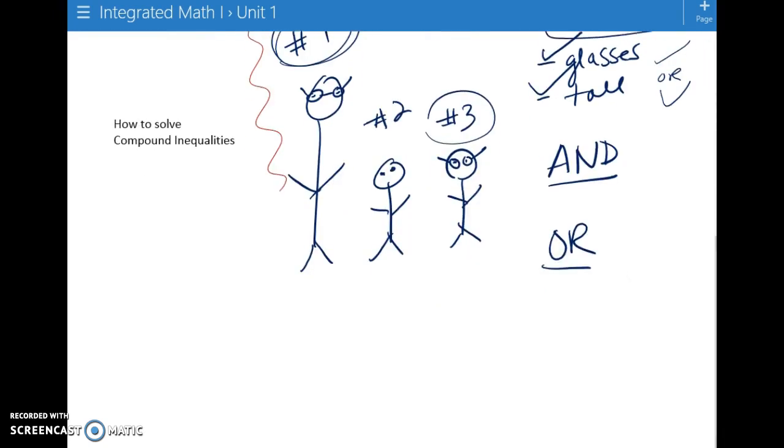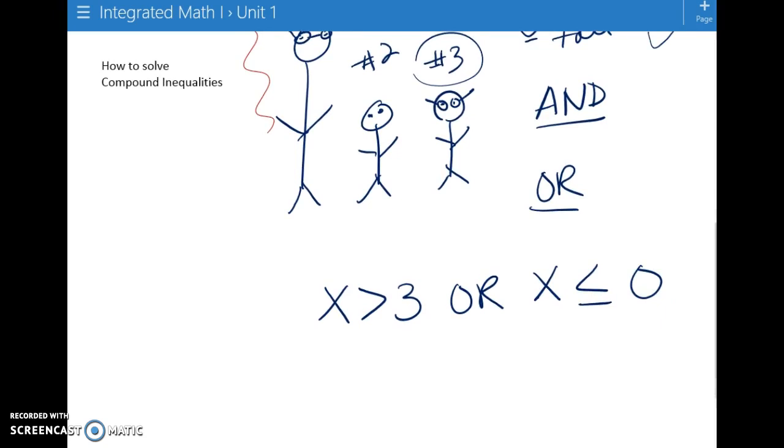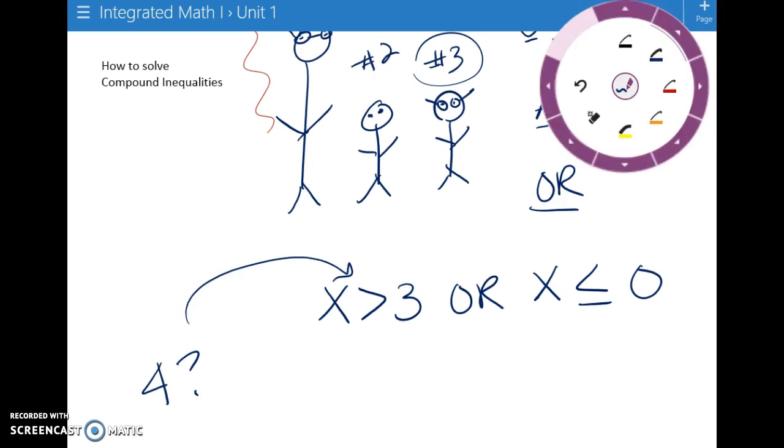So here's an example. Let's say we have x is greater than 3 or x is less than or equal to 0. So let's think about what numbers could be in my club. What about 4? Can 4 be in my club? Well, yeah, because 4 is greater than 3.